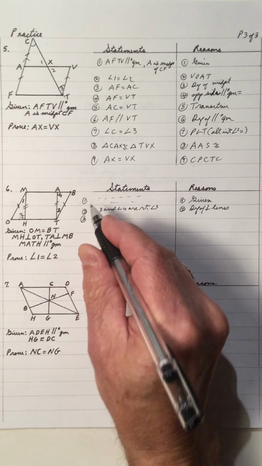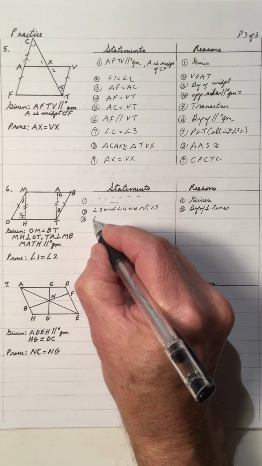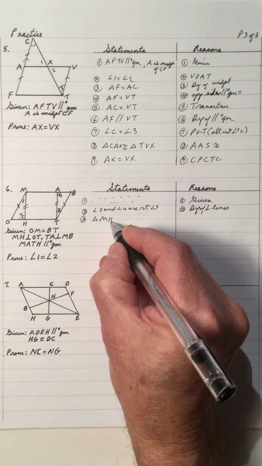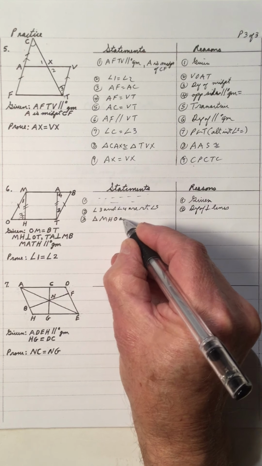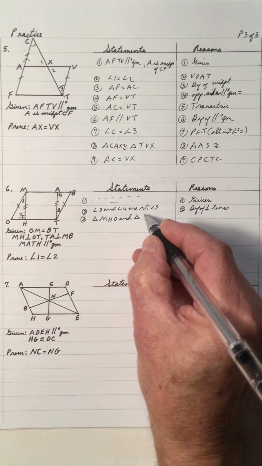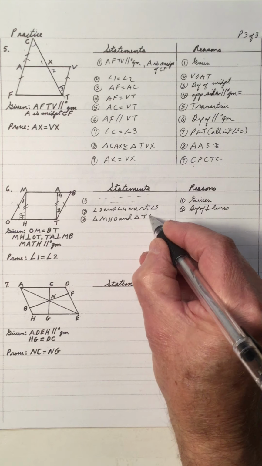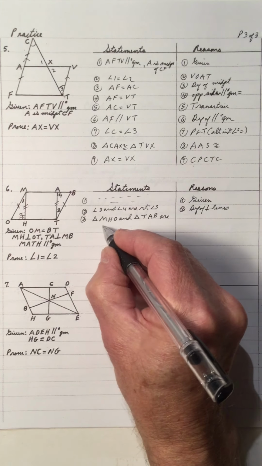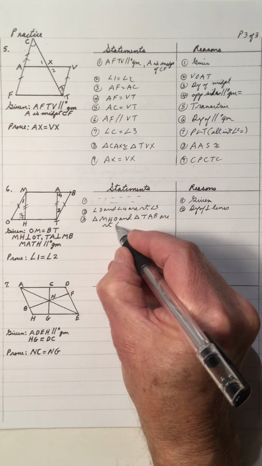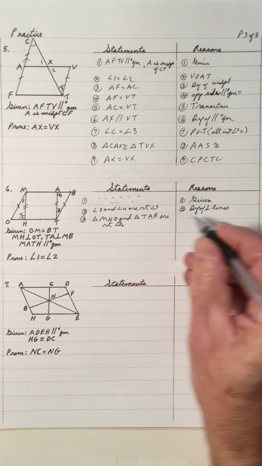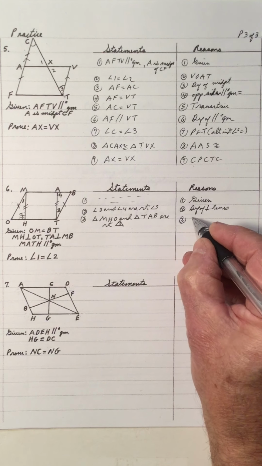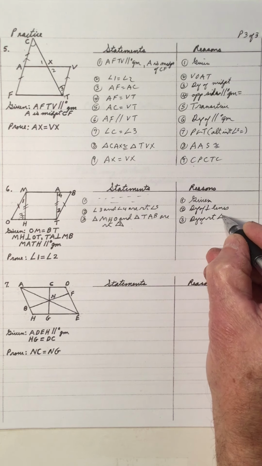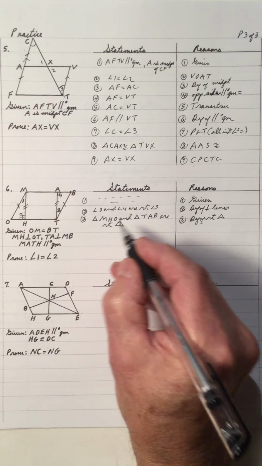And as a result of having right angles, that means that triangle MHO and triangle TAB are right triangles. And that's the definition of a right triangle. Because right triangles have right angles.